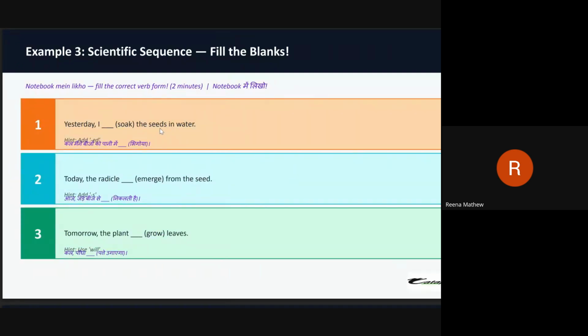This is easy. I've given you three sentences. The verbs are also in the bracket. You have to fill with the correct form of the verb. What is the answer for the first one? Yesterday, I soaked the seeds in water.